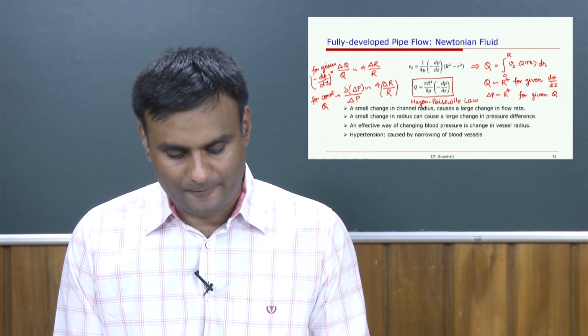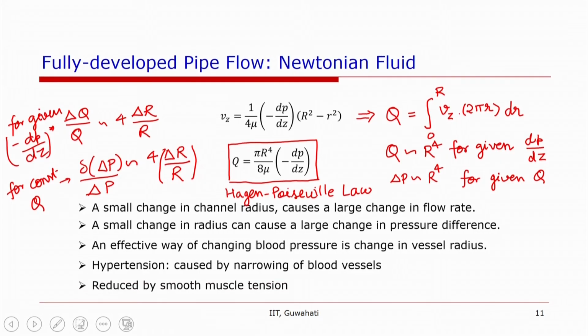Similarly, the muscle tension or the hypertension can be reduced by relaxing the muscles. So Hagen-Poiseuille flow has a number of interesting implications in the cardiovascular system.